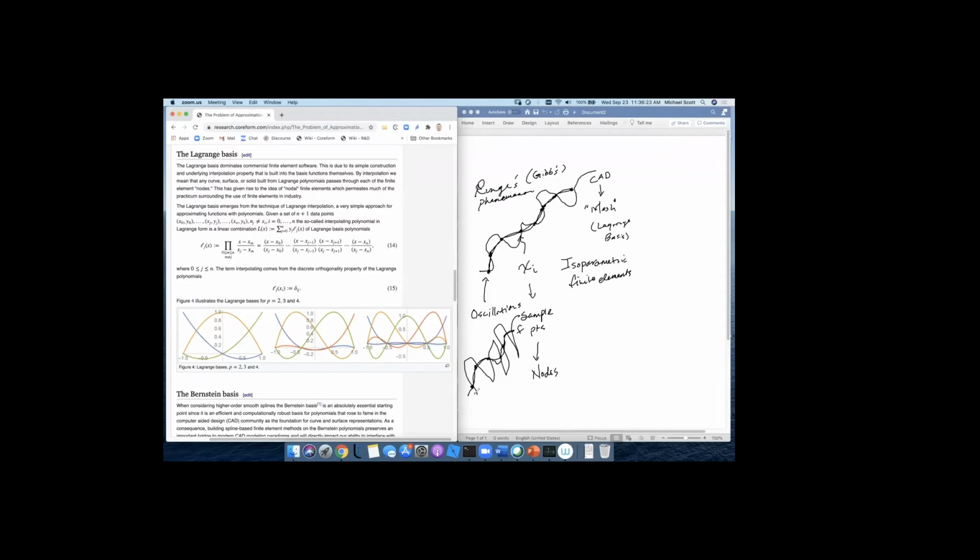Anytime you use a basis that has this kind of strong interpolation property, and you use it to approximate anything, whether in a finite element setting or any other approximation setting, as soon as you pick your points and this basis, you're subject to this oscillatory behavior.